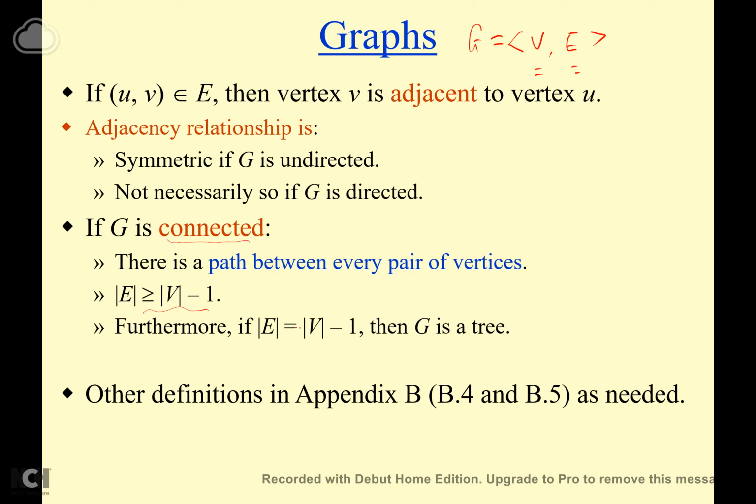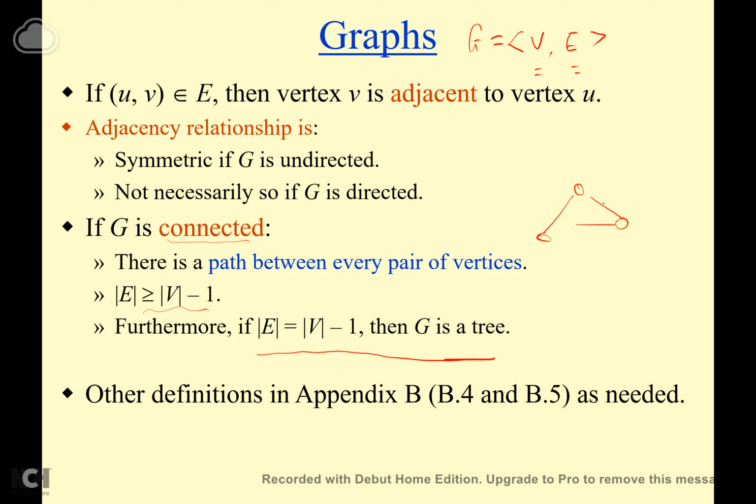Furthermore, if E equals V minus 1, then G is a tree. Why? The reason is that a tree has no cycle.